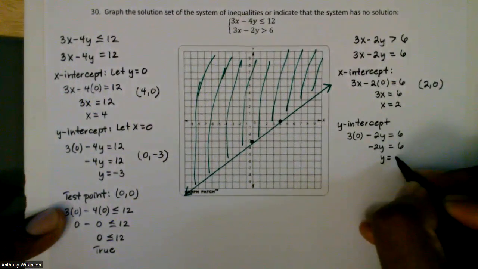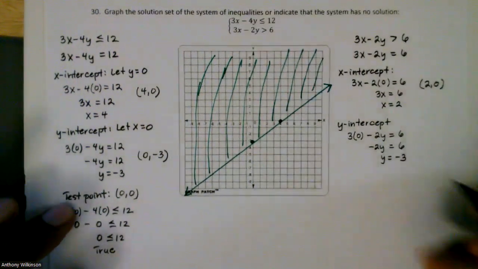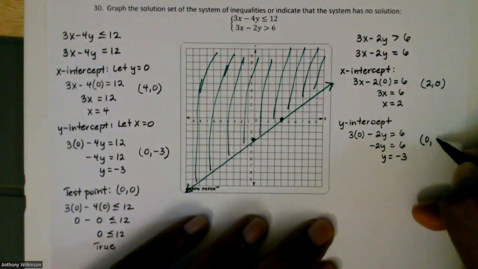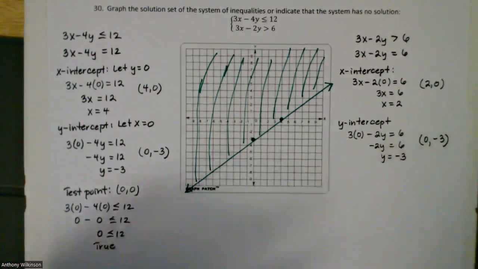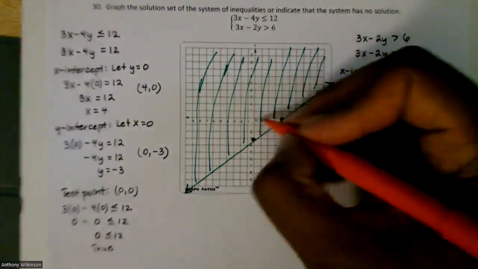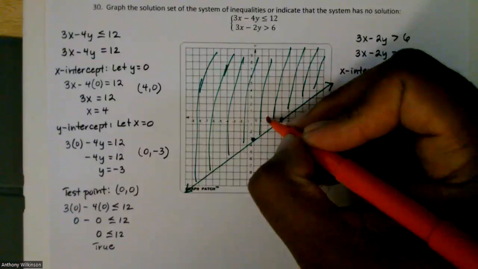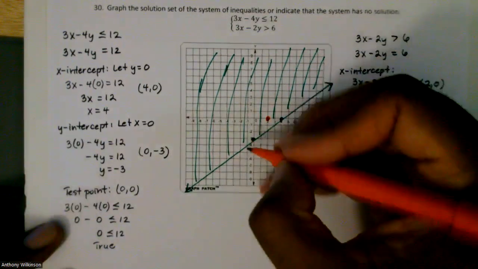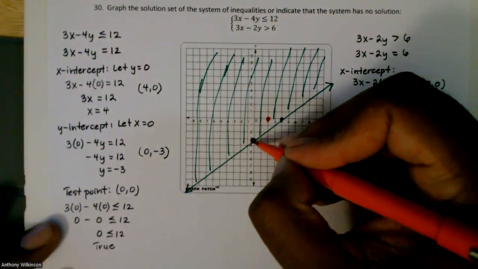That would mean y has to be equal to negative 3. So the ordered pair 0, negative 3 is my y-intercept. Now I'm going to use red for this one. 2, 0 is my x-intercept, which is going to be right here. And then my y-intercept is 0, negative 3, which is right here.